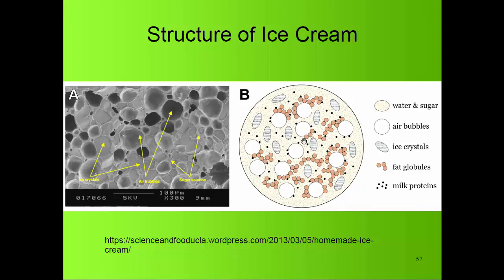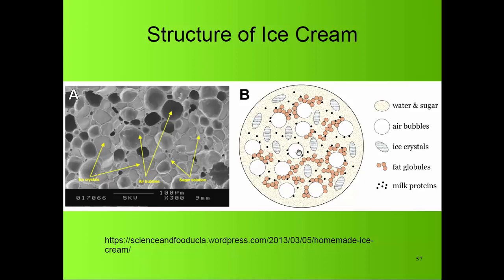Here's an actual photomicrograph, right? This is a picture of ice cream magnified a bunch of times, right? And what you see is that ice crystals are shown, and air bubbles are shown, and the sugar solution. So here's a little bit easier picture to think about, right? What we have is water and sugar. So that's all this kind of pinkish area. Then there's air bubbles.